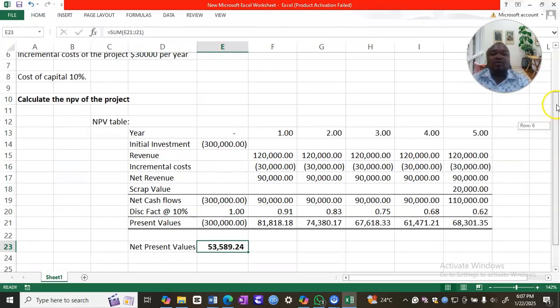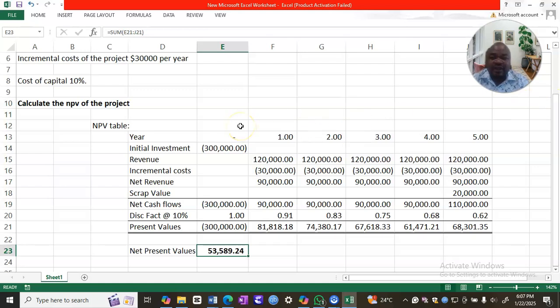Do not forget to include the monetary denomination, the dollar sign, just in case the examiner would be angry if you do not put that.